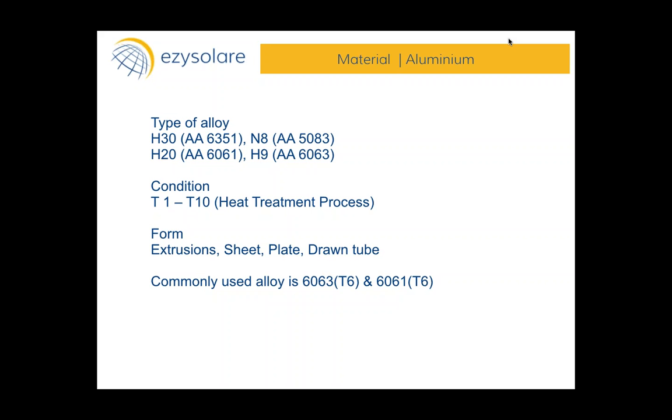Others tend towards special applications, and their price is according to that. So people need to check what kind of heat treatment has been done. And the more commonly available alloys in the market are H20 and H9. Yes. T6 6063 is the material which we recommend and use in our own structures.